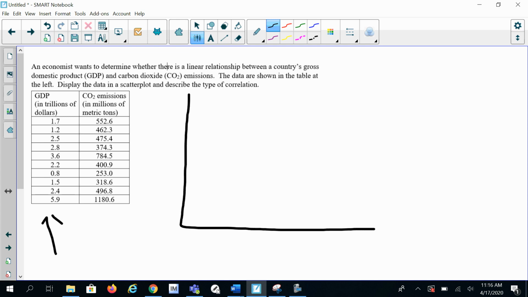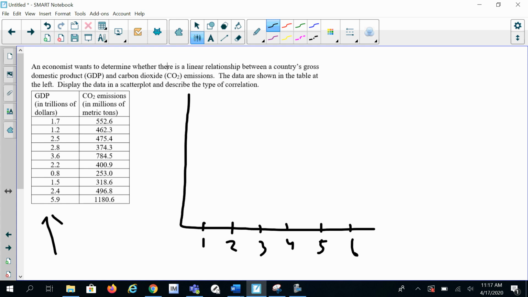So we could either go by 0.5s or we could go by 1s. I guess I'll go by 0.5s just to have a little bit more accuracy, but if you want to go by 1s, I don't think that'd be that big of a deal. Maybe I'll just go by 1s and leave some space. All right, so I'll go by 1s. So 1, 2, 3, 4, and you go to 6.